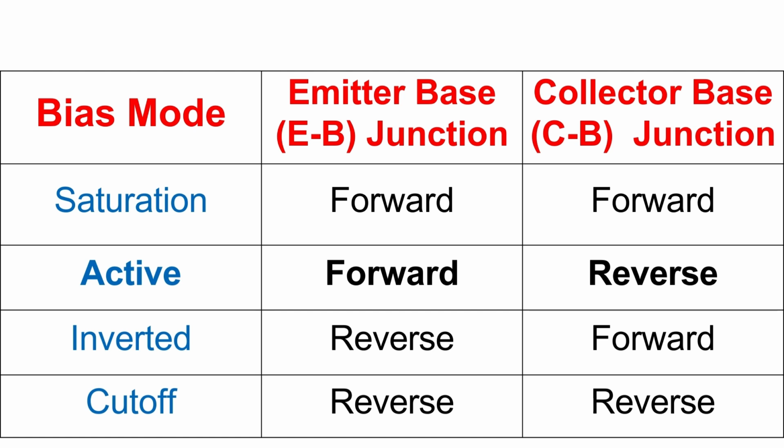Active region: if emitter base is forward biased and collector base is reverse biased, it is called the active region. Inverted region: emitter base junction is reverse biased and collector base junction is forward biased. Cutoff region: if both emitter base junction and collector base junction are reverse biased, it is called the cutoff region.